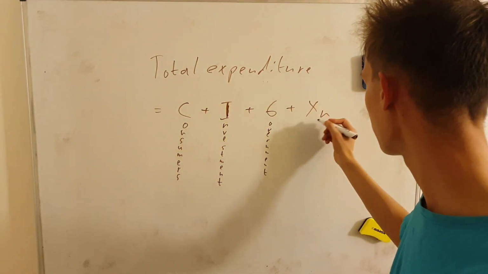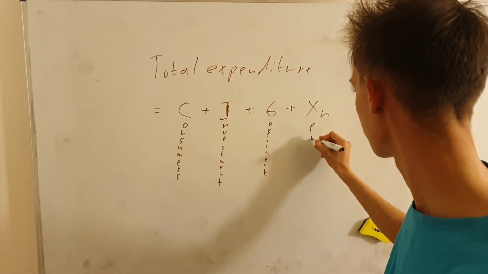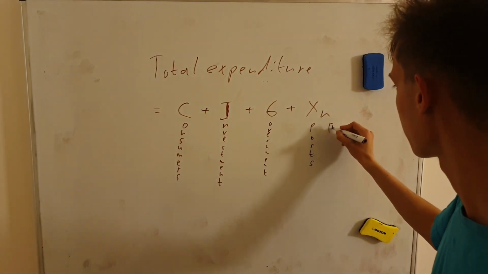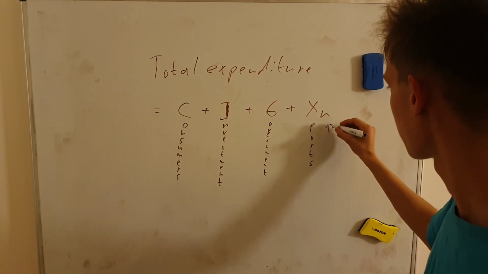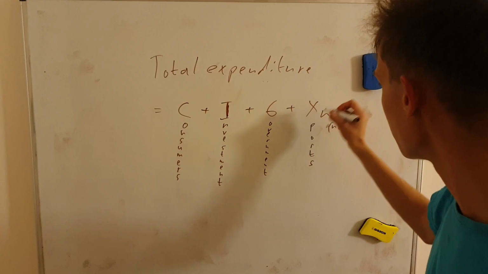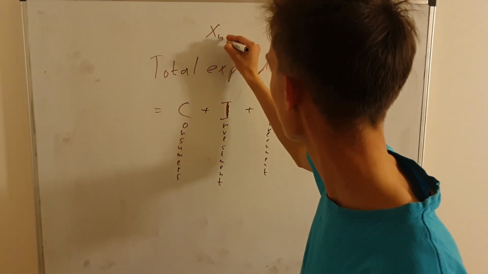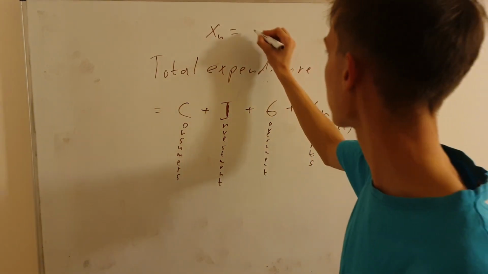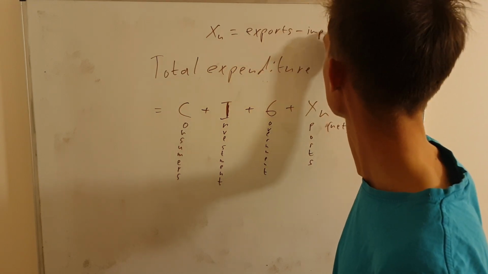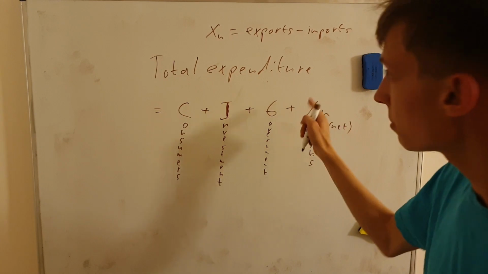Okay, so you can say exports, but net exports. Net exports basically means, so I'm just going to write it right here, exports minus imports. Okay? So this can even be negative.